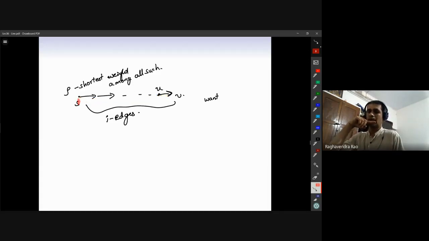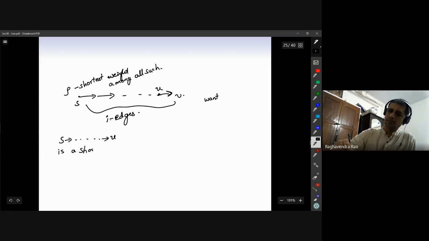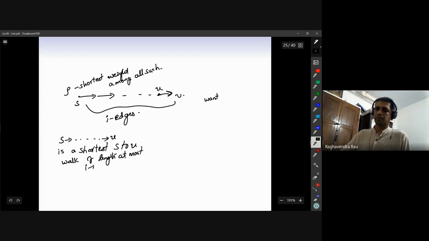What can you say about it? It is a shortest S to u walk of at most i minus 1 edges, by the optimality of shortest walks.